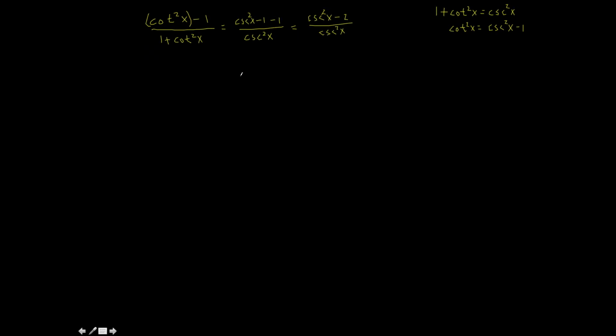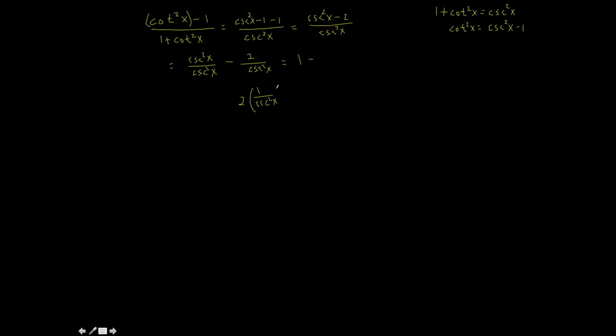So if we were to break this apart, this would be cosecant squared x over cosecant squared x minus 2 over cosecant squared x. Well, cosecant squared over cosecant squared gives me 1. And this is the same thing as 2 times 1 over cosecant squared x.